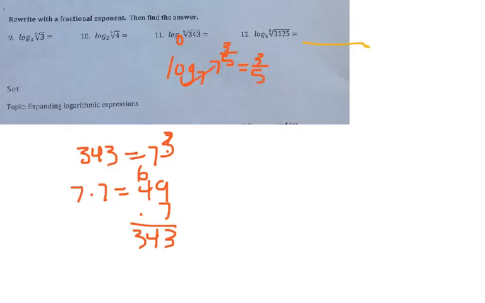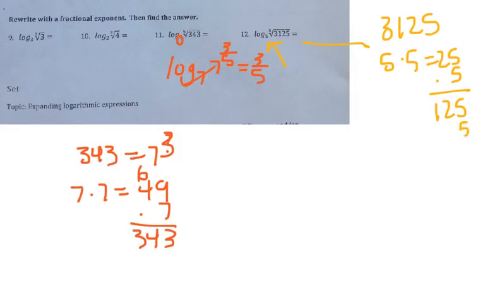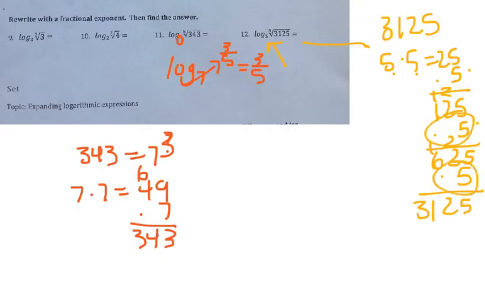Number 12, we have 3125. Okay, notice what our base is. So 5 times 5 is 25. Times it by 5 is 125. Times that by 5 is 625. 625 times 5 is 3125.